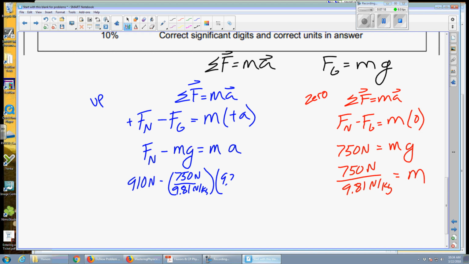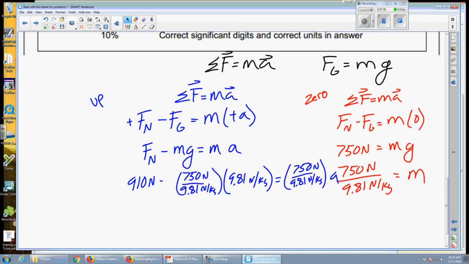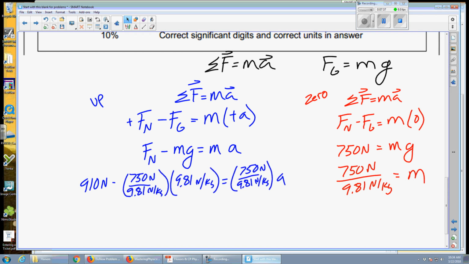Times 9.81 newtons per kilogram equals 750 newtons. Okay. Oops. All right, and so the only variable is a, and I solve for a.